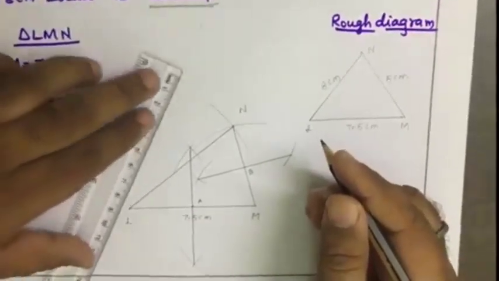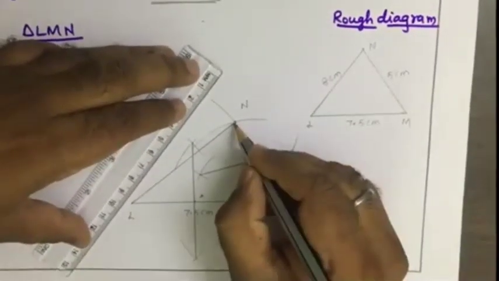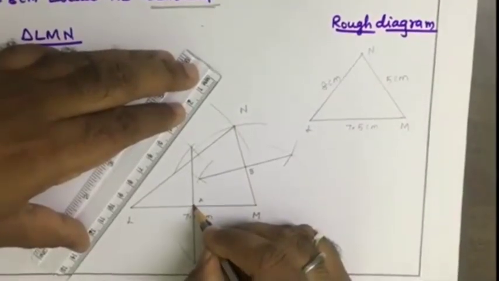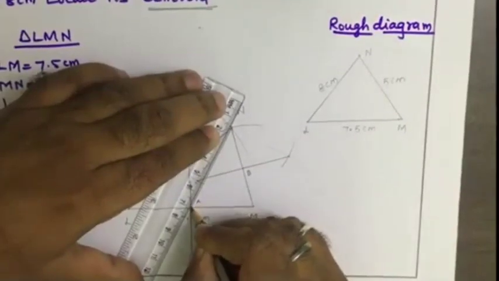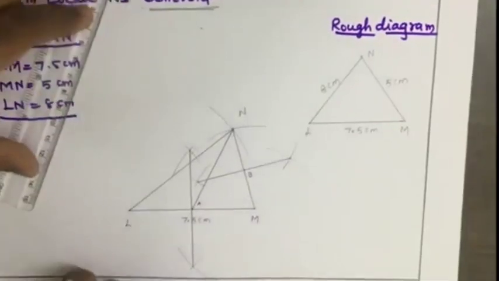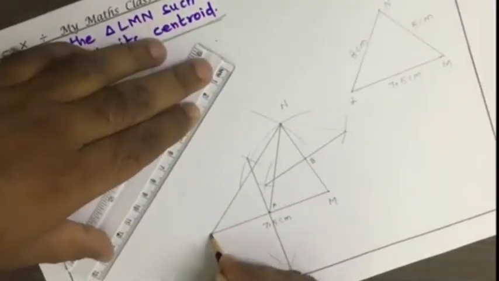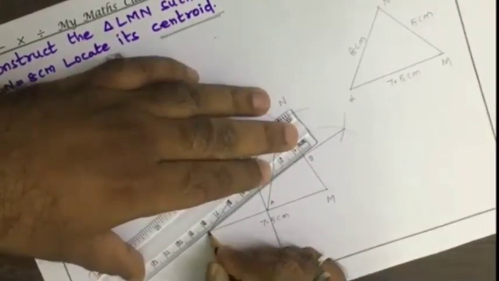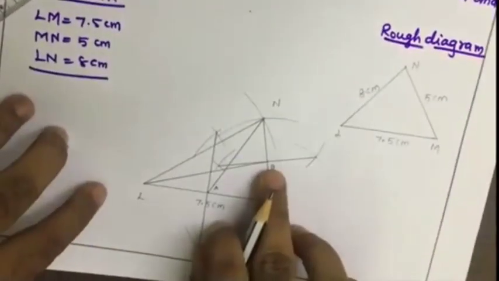Okay. Now next, we draw the median. What is the median? Join the midpoint of LM and the opposite vertex N. That is a median. Second one, we draw a straight line from the midpoint of MN to the opposite vertex L. That is another median.